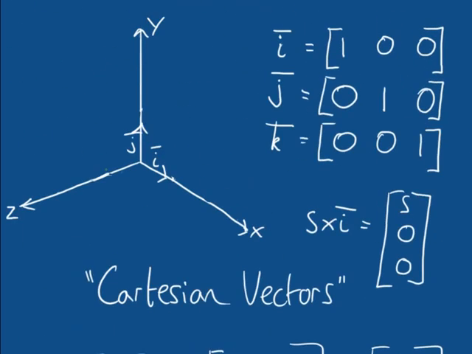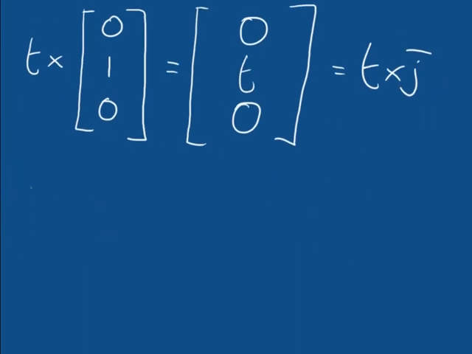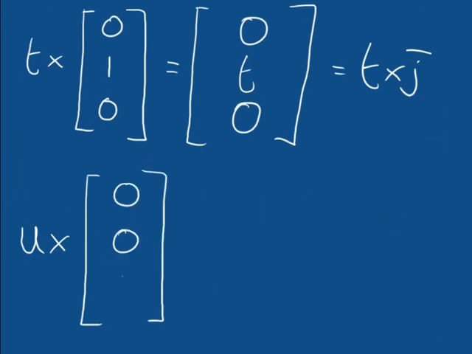Hopefully it's logical that we can apply this to our k vector as well, our z-axis vector. So we could take another variable. We've used s, we've used t, so let's use u. And I'm going to multiply that by our k unit vector, so 0, 0, 1, which is our k. It travels in the direction of z.